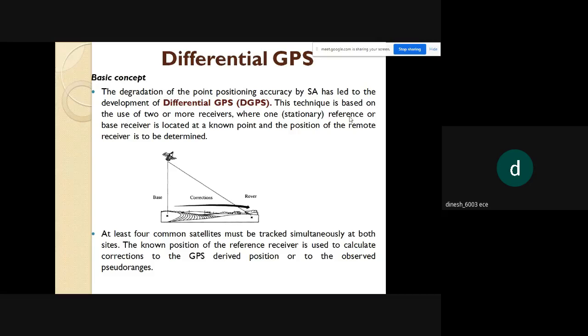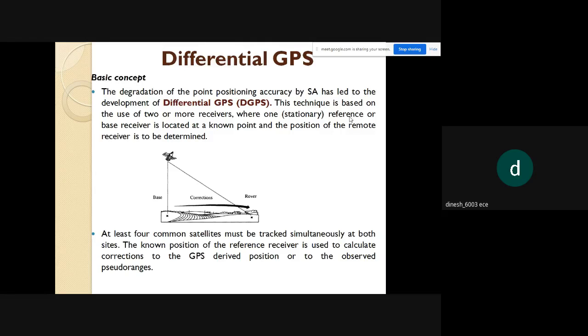So we need to be aware of selective availability. The degradation in point positioning led to more errors, and the accurate position could not be identified because of the SA system.